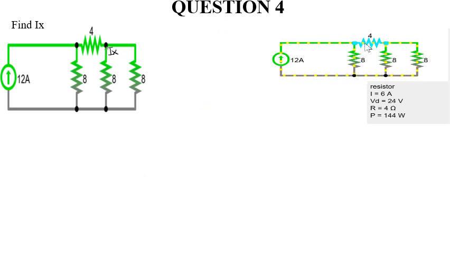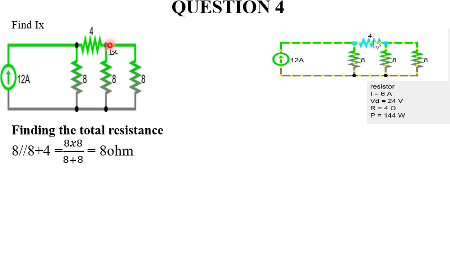Applying this as normal, we know that we have to combine these two resistors. This and this are in parallel and in series with this 4. So after combining the two of them, 8 and 8 are in parallel and in series with 4.